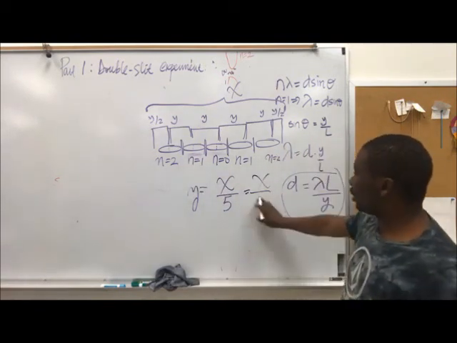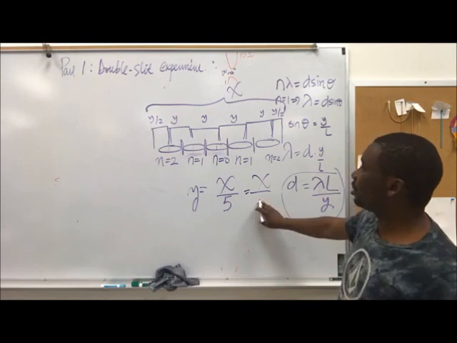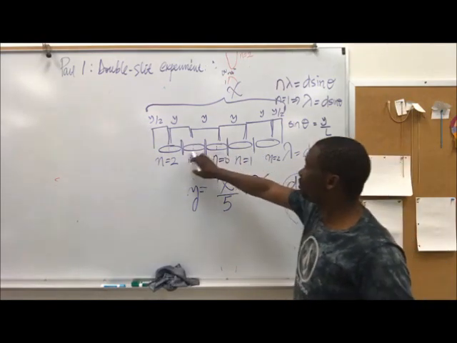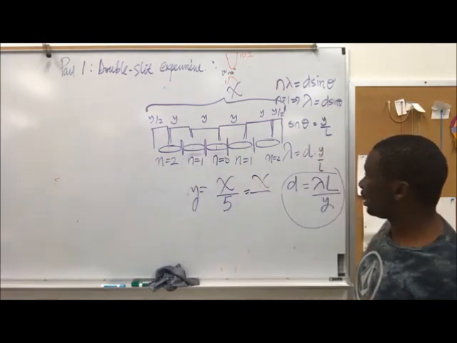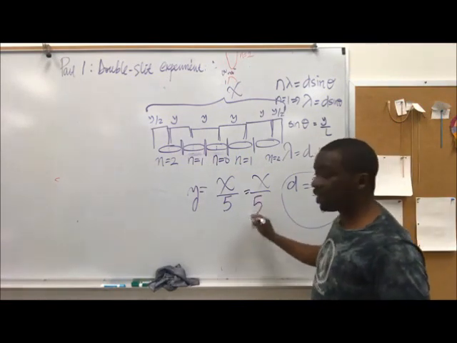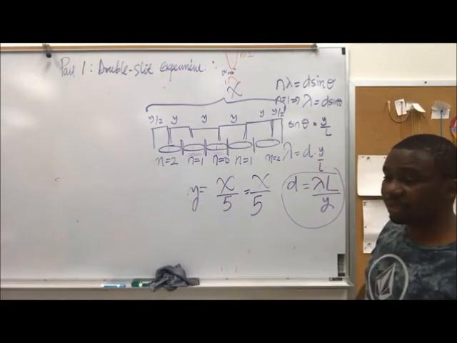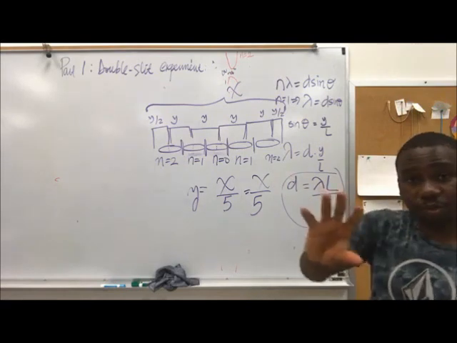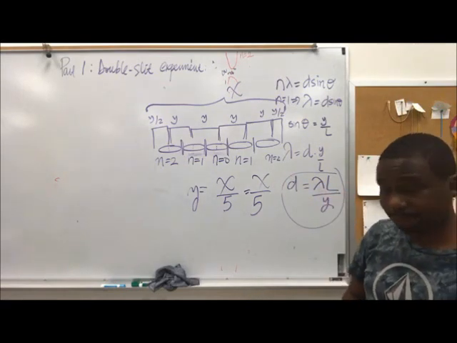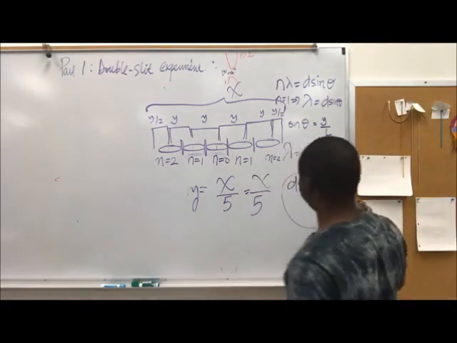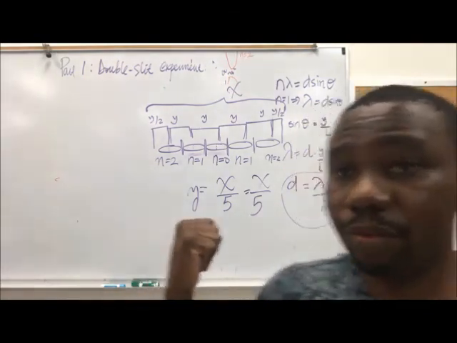And to find the number to divide by, I count the number of dark fringes. I have 1, 2, 3, 4 dark fringes right here, and I divide by 4 plus 1, which is 5. There are many ways to see this, and when we do the experiment, I will zoom in so you can actually see what we're dealing with. All right? Thank you. So that was the double slit experiment.